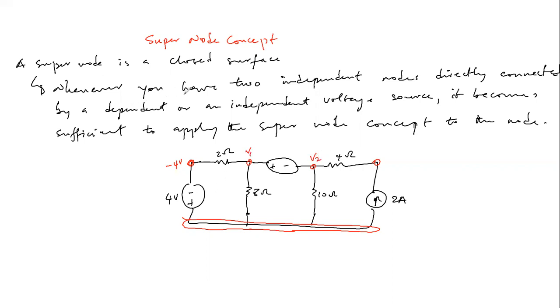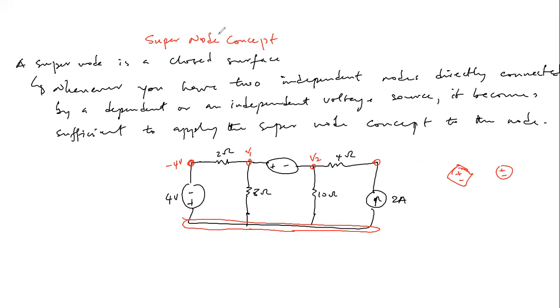Here we say whenever you have two independent nodes directly connected by a voltage source, now this is a dependent source or an independent source. When we designate independent sources, we use the circle shape with plus minus, while the diamond is the dependent one, just to know dependent and independent.